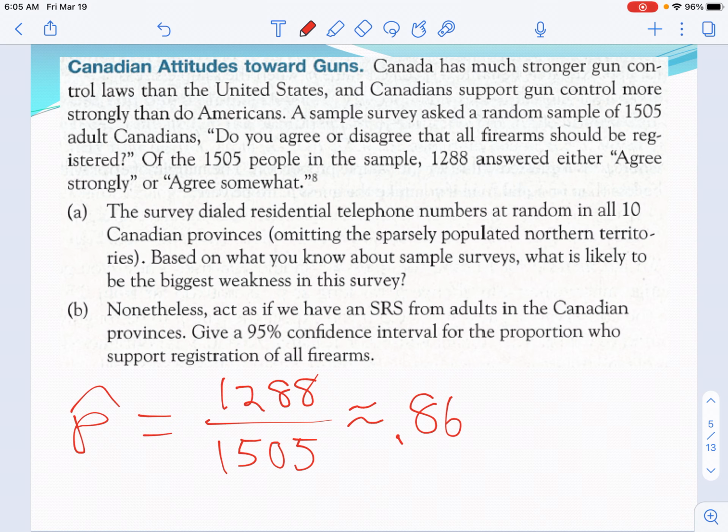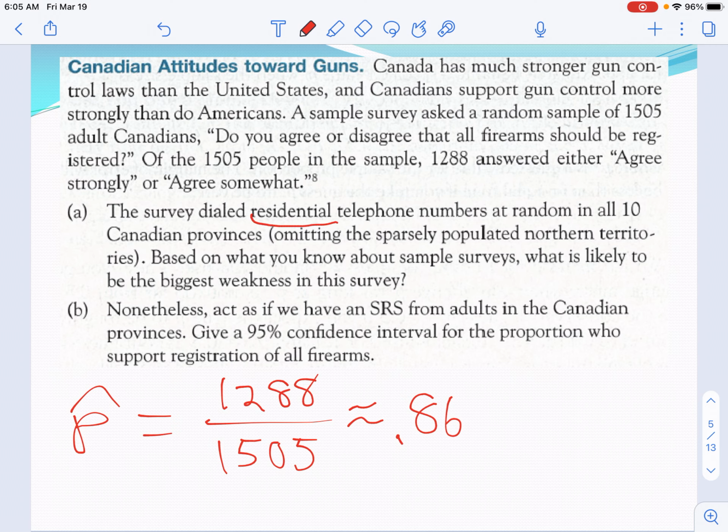Letter A, it says the survey dialed residential telephone numbers at random in all 10 Canadian provinces, omitting the sparsely populated northern territories. Based on what we know about sample surveys, what is likely to be the biggest weakness in this survey? Well, we're calling residential telephone numbers, landlines.